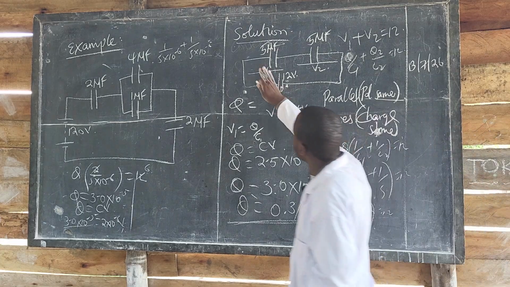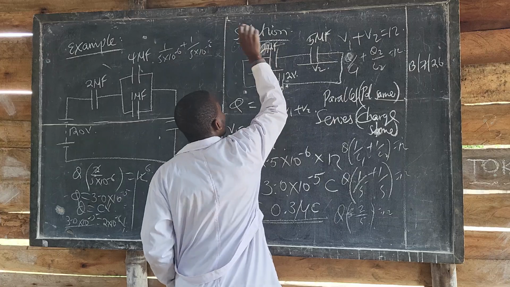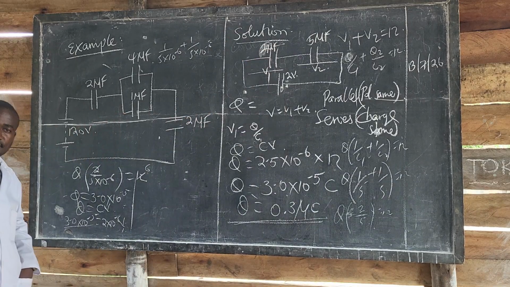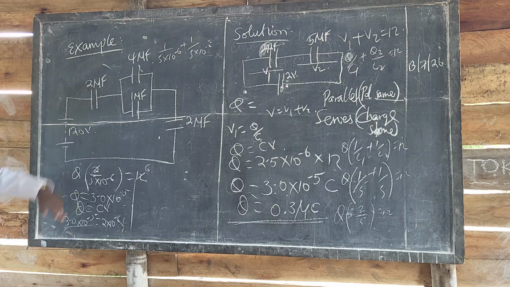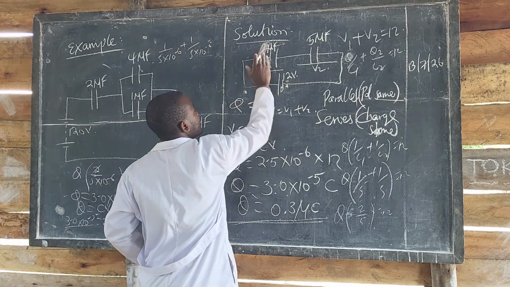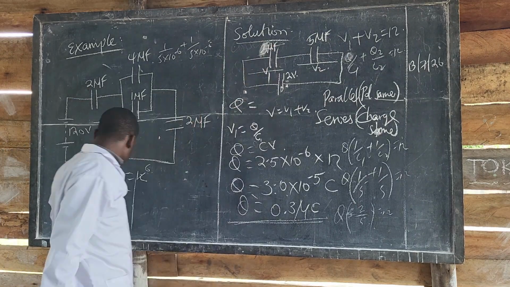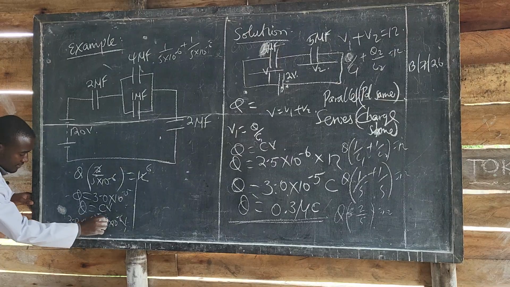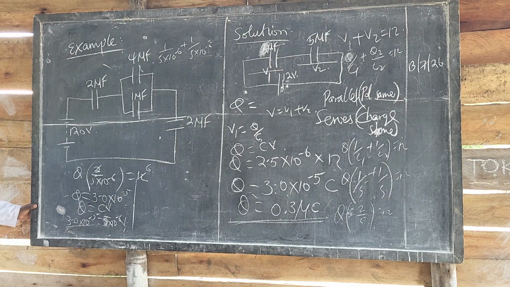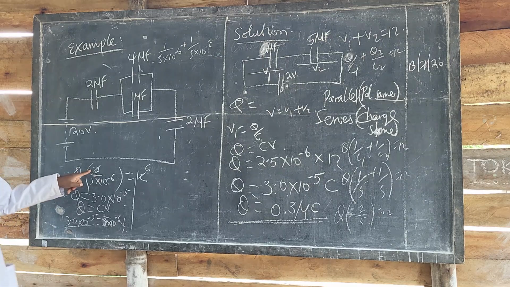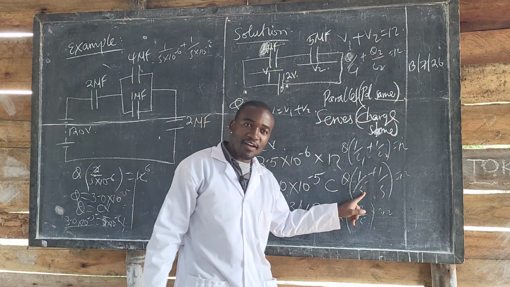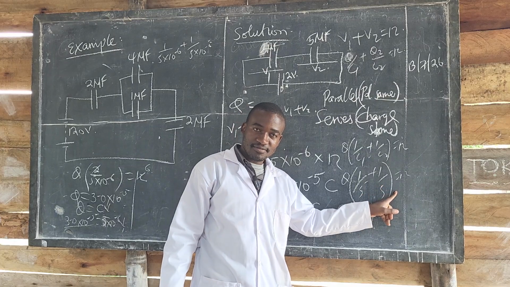Even this is supposed to be 5. Sorry. So if you take 5 here, this 2 came from the fact that 1 over 5 plus 1 over 5.